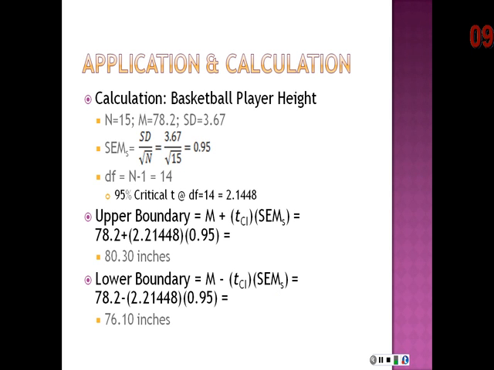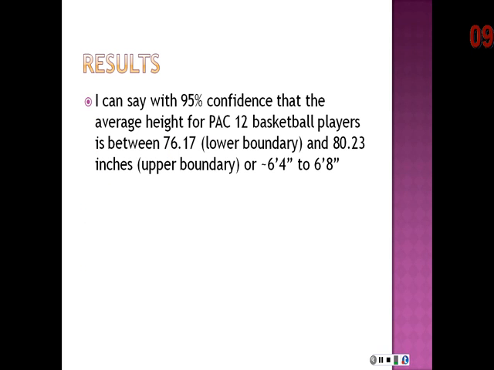Again, like I said, I'm using Excel, so my decimals are going to be spread out a little further, so my calculations are going to be slightly more accurate here. So what this is telling me is that I can say with 95% confidence that the average height for Pac-12 basketball players is between 76.17 inches at the lower boundary and 80.23 inches at the upper boundary, or roughly 6'4" to 6'8".